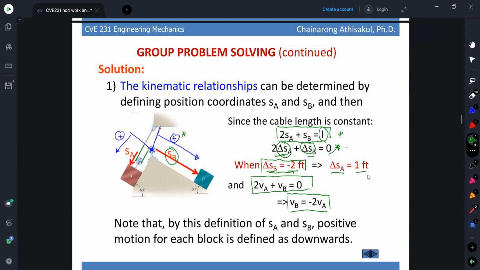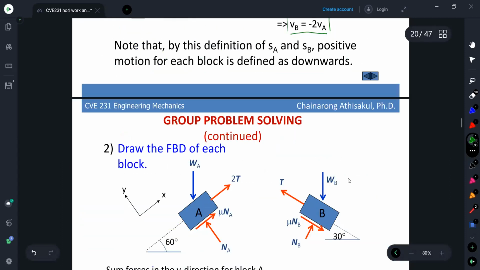So it means that when B is moving down, A will move up, or when B is moving up, A will move down. Because of this definition of SA and SB, positive motion for each block is downward, which follows the positive sign convention.